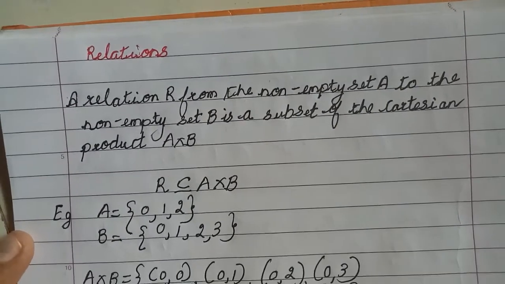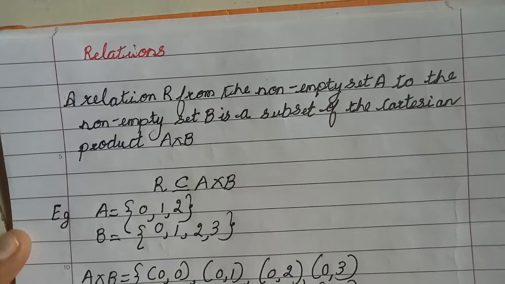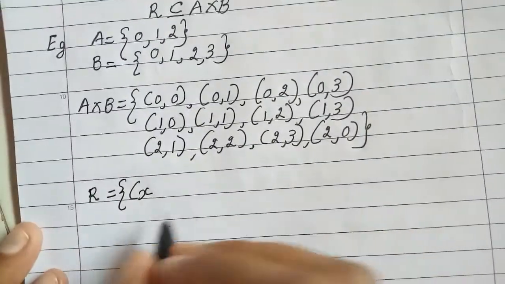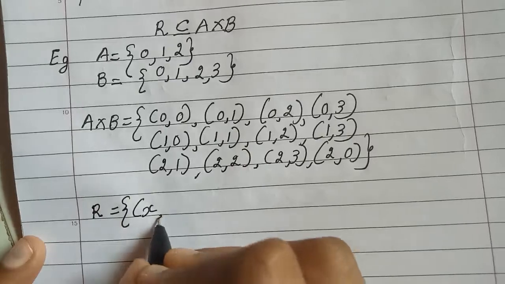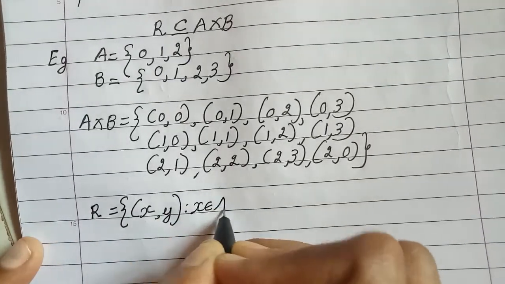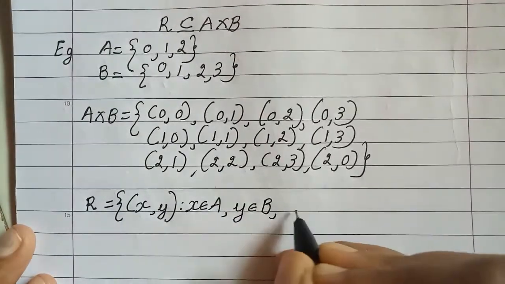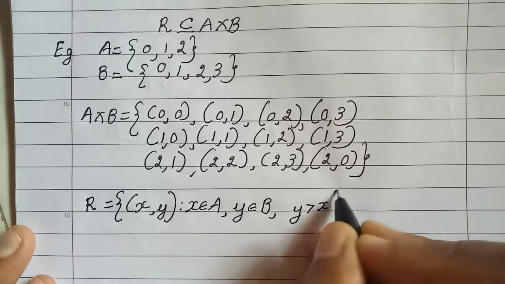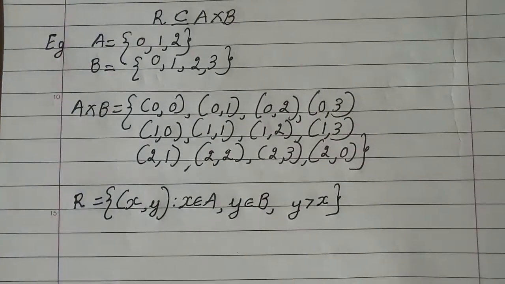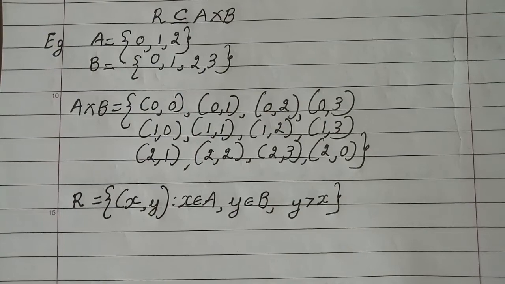Now children, suppose I am defining a relation R on A cross B such that R is the collection of all (x, y) such that x is coming from A and y is coming from B and y is greater than x. So you are going to write all those elements in the relation such that the second element is greater than the first element.